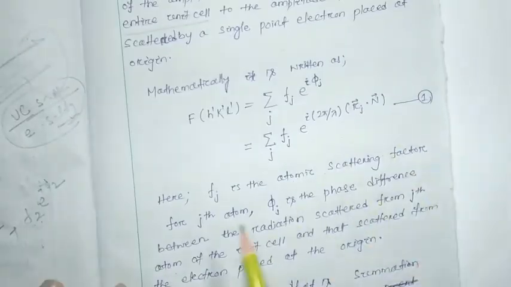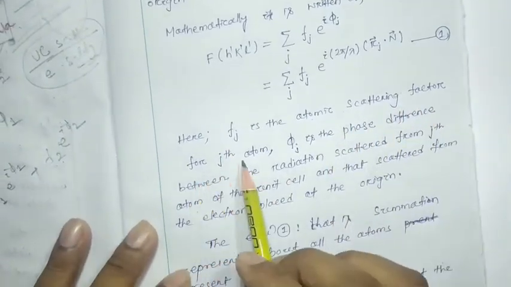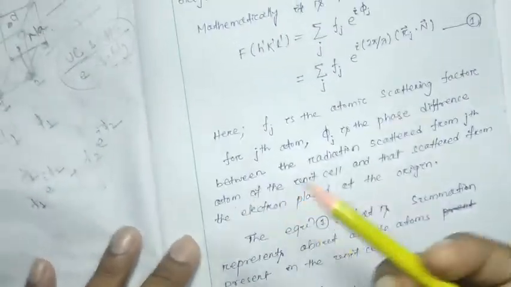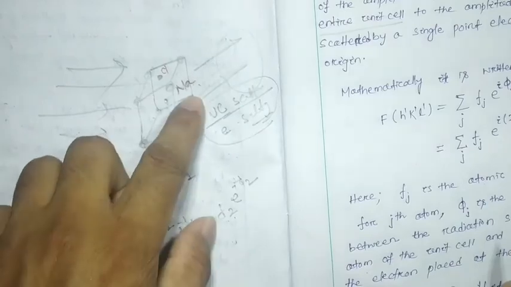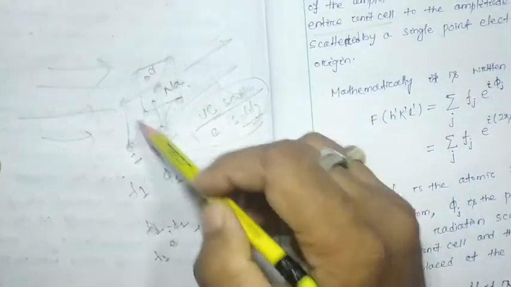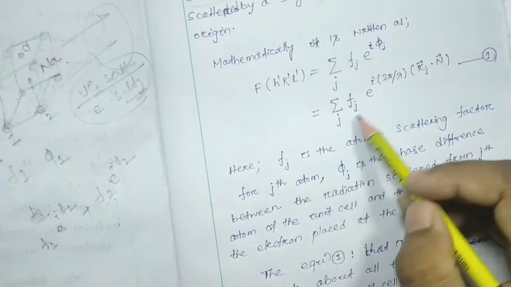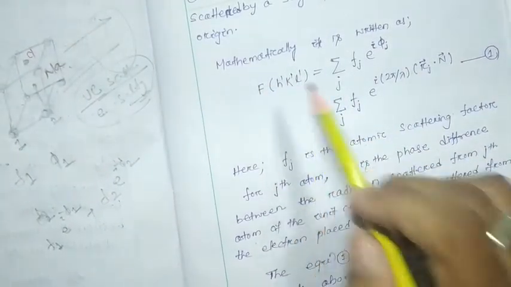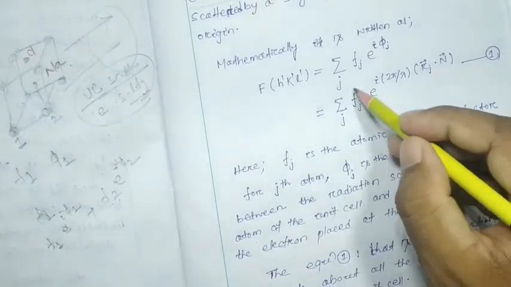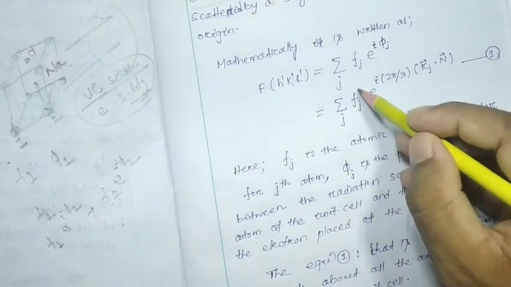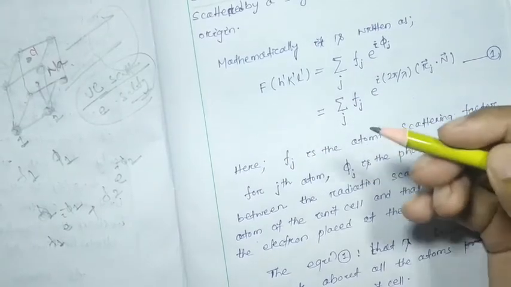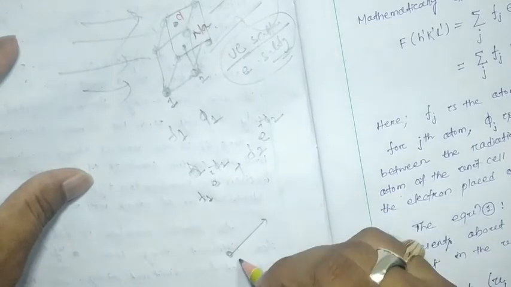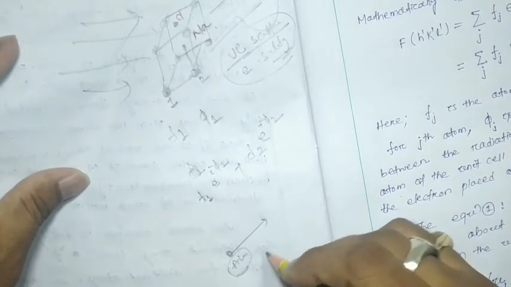Here fj is the atomic scattering factor of the jth atom, and phi j is the phase difference between the radiation scattered from the jth atom. The jth atom means you can consider any atom in this unit cell, 1 or 2 or 3, and the summation gives you the total scattering amplitude. The atomic scattering factor is the scattering amplitude from one atom, as we discussed, that will be f.